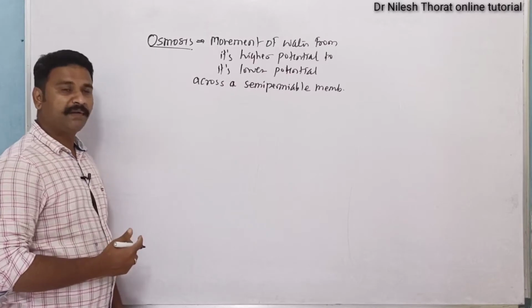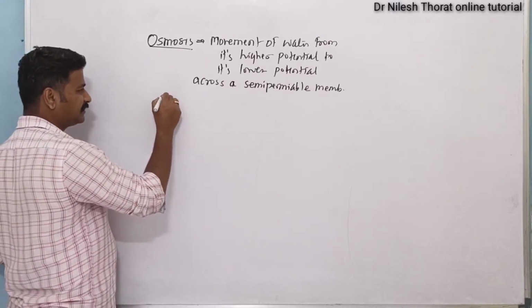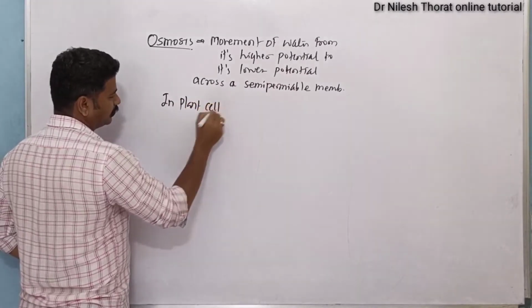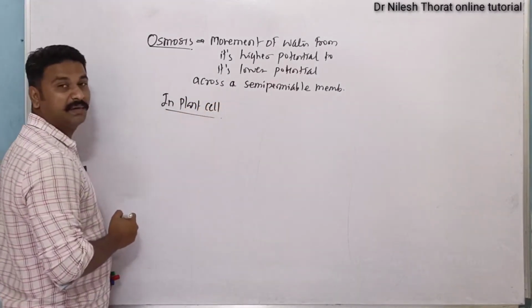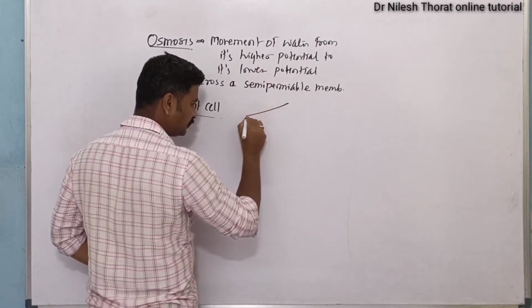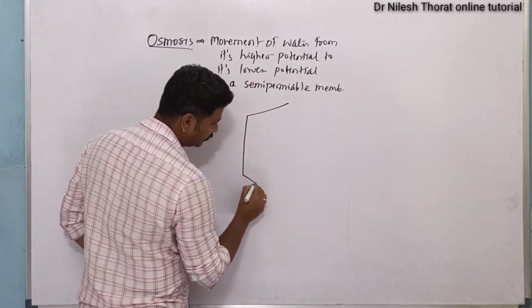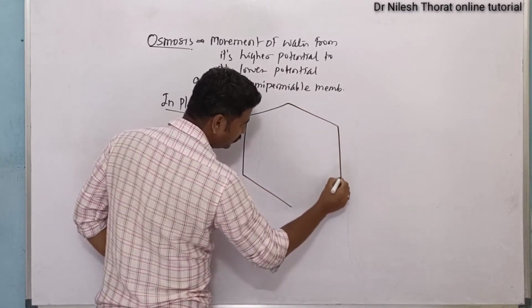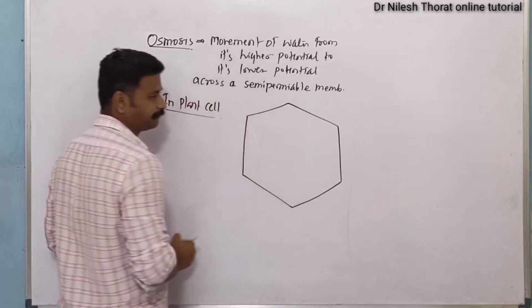Now talking about the plant cell, the plant cell is surrounded by cell wall and cell membrane. This cell wall of plant cell is freely permeable to water and all the dissolved molecules of it.